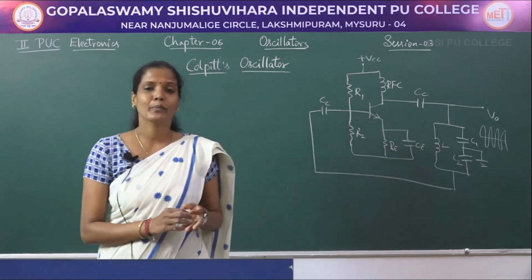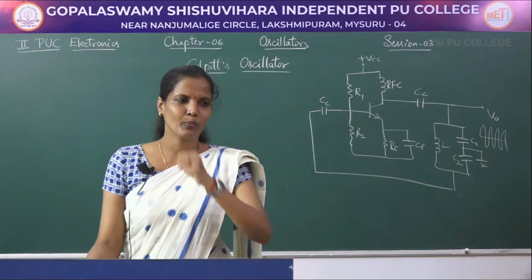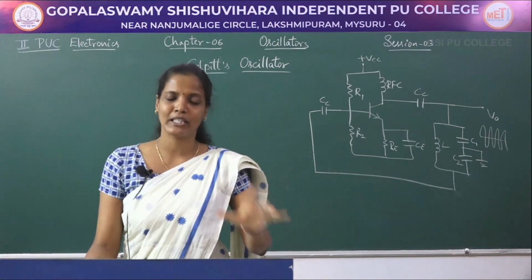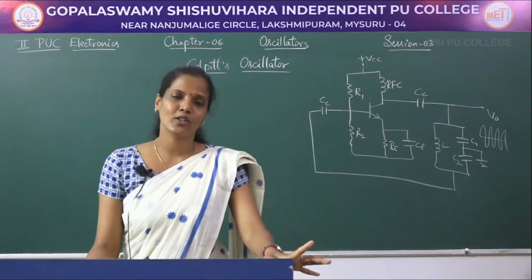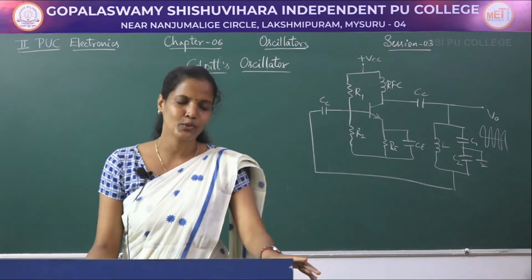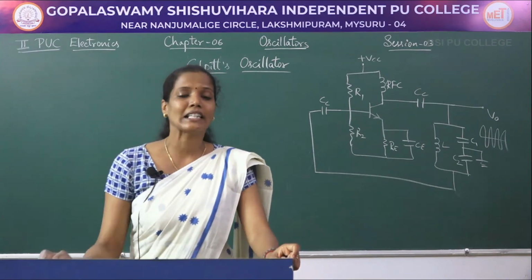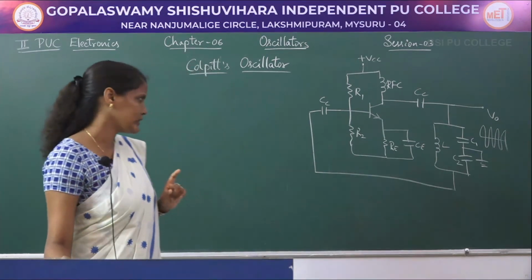Depending upon which component is used to connect some portion of the output back to the feedback amplifier, accordingly, these LC oscillators, where L and C, that is the inductors and the capacitors, are used, we classify as Hartley oscillators and Colpitts oscillators.